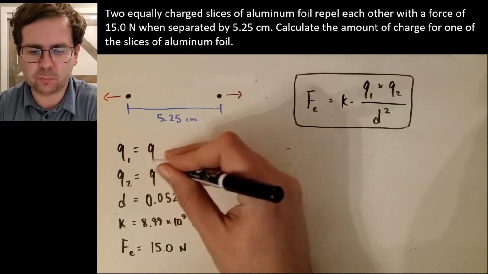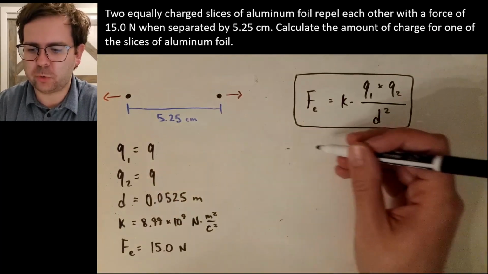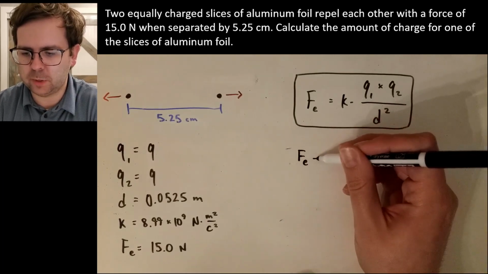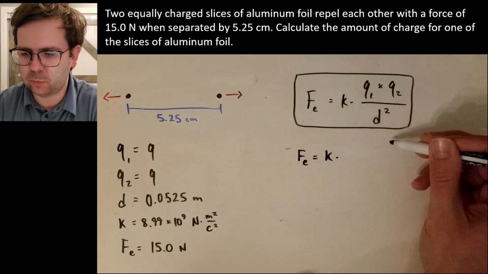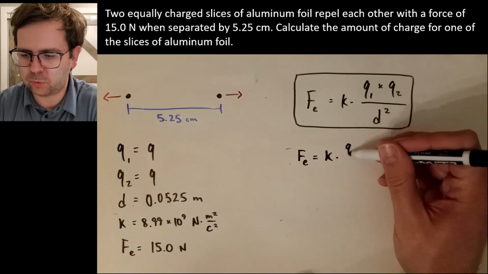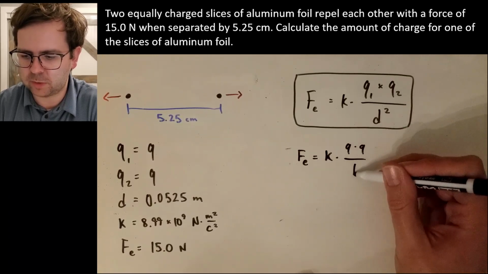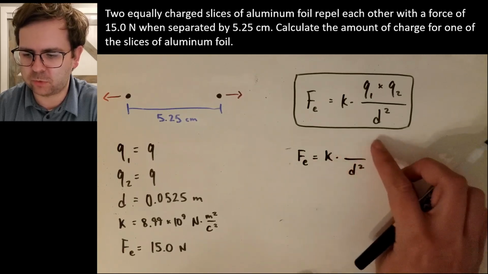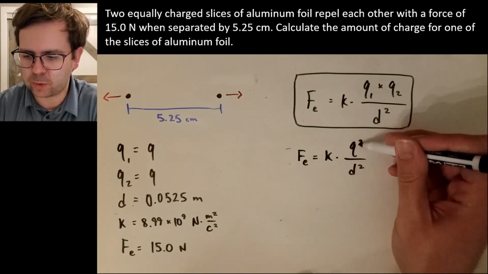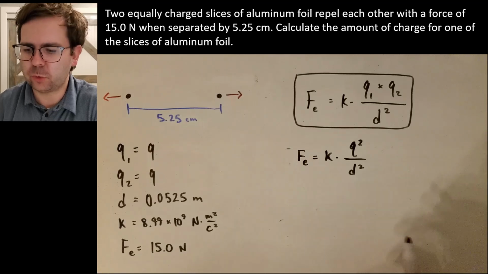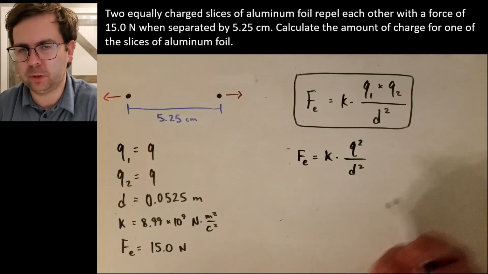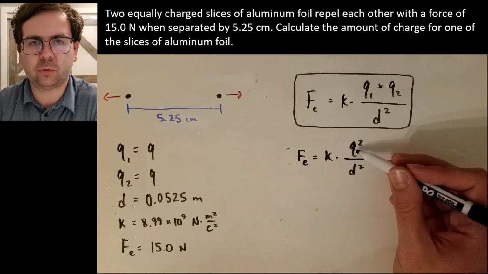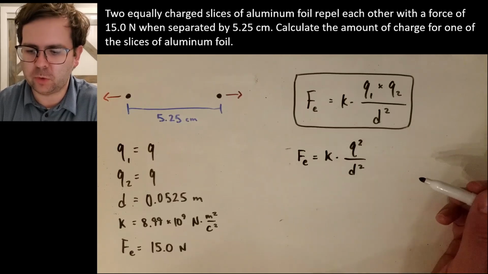And that charge is Q. So by doing that, when we get over here to our Coulomb's law equation, we're going to simplify it a bit because Q1 times Q2 is both just Q times Q divided by distance squared. And Q times Q, we can simplify that even further and just say that's Q squared. Okay, so now that we've simplified this a little bit, now we can start to substitute in and solve for this missing strange Q value that we don't know.